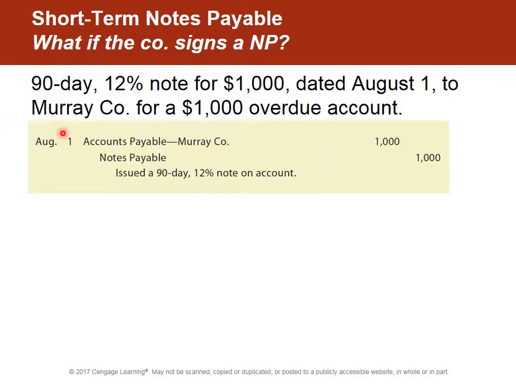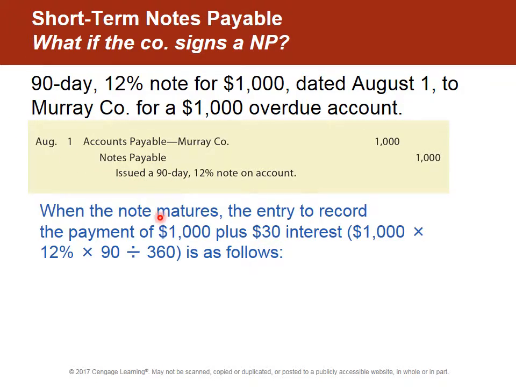Here's the journal entry to show that on August the 1st, this accounts payable no longer exists. Notice we have debited a liability, so we have taken it away. We've decreased it. We've increased this notes payable. Notice our explanation shows the term and the interest rate. Remember that face amount times interest rate times time.